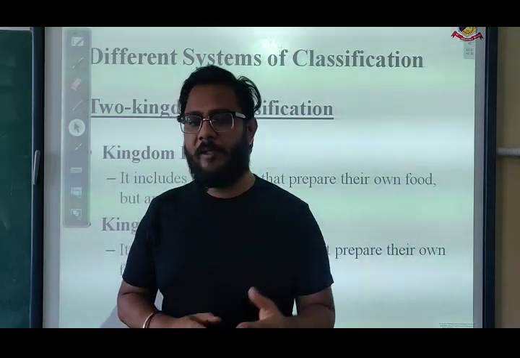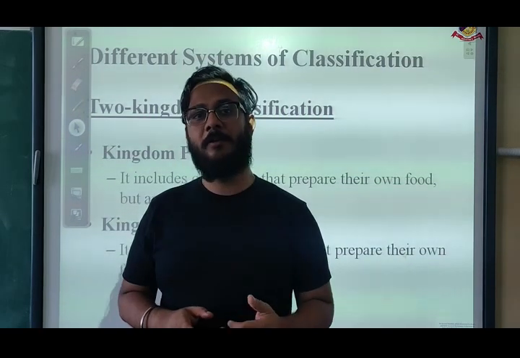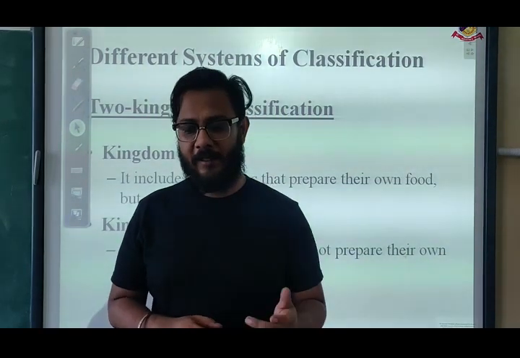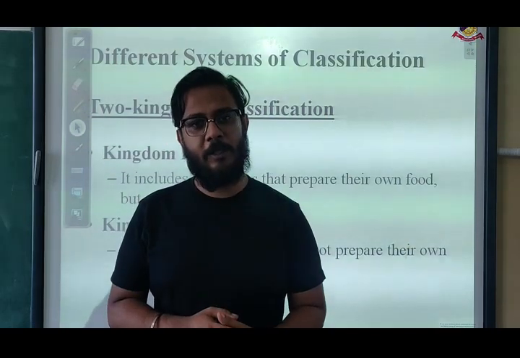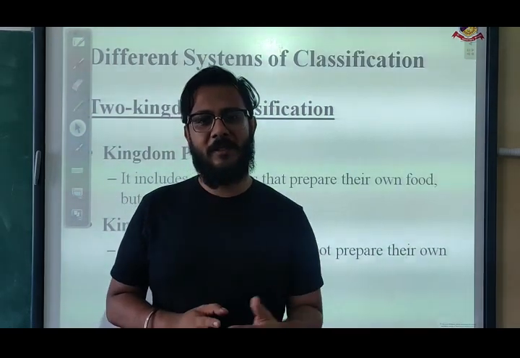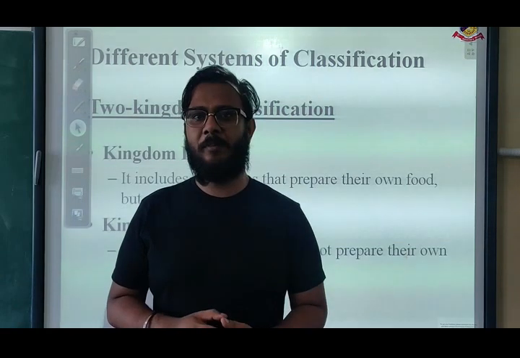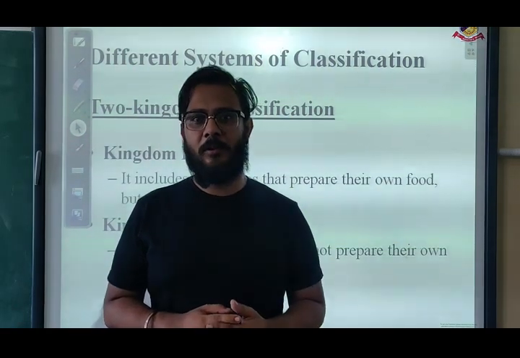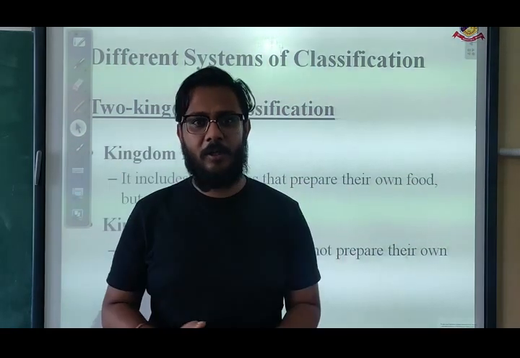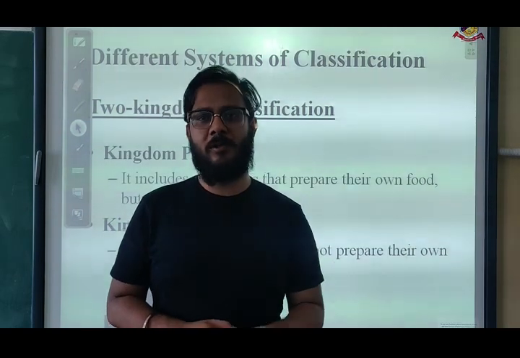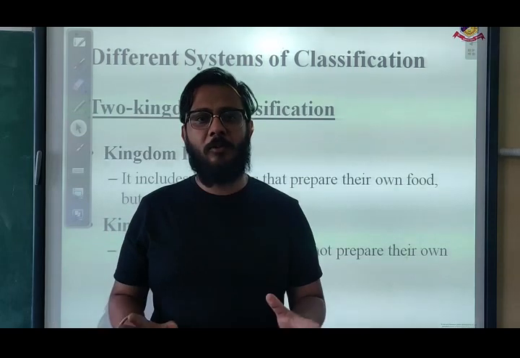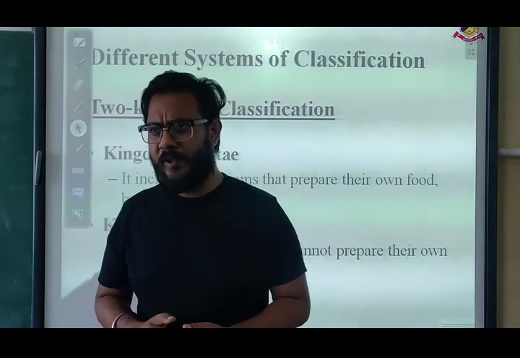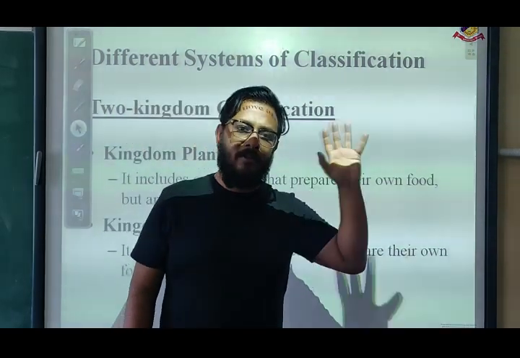Okay, and the two kingdoms were Kingdom Plantae and Kingdom Animalia. From the name itself, Plantae comes from the word plant, Animalia comes from the word animal, right? So you can just relate to it. I'm not going to go into the origin of the words, whether it came from a Greek word, I don't want to go in there, but Plantae and Animalia is very easy to understand.